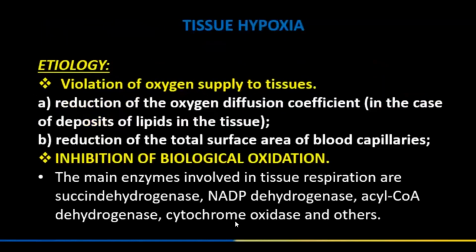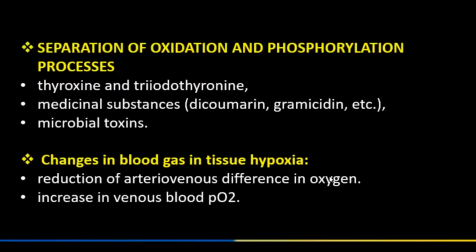Next type of hypoxia is tissue hypoxia. Etiology: violation of oxygen supply to tissue and inhibition of biological oxidation, separation of oxidation and phosphorylation processes by thyroxine and triiodothyronine, medicinal substances, and microbial toxins.